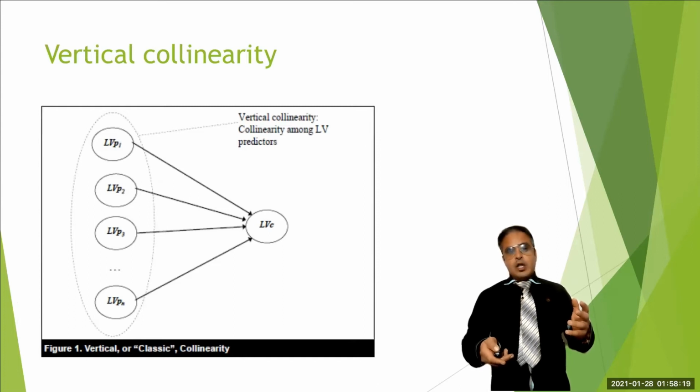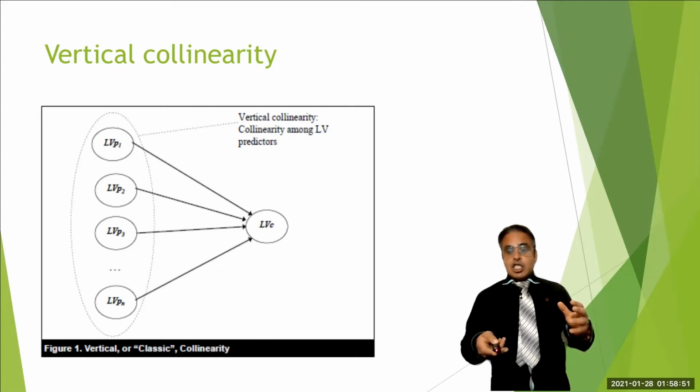Okay, if we notice this is an example of vertical collinearity. You can see, let me show you here, this is the main construct, and those are the constructs forming this construct.